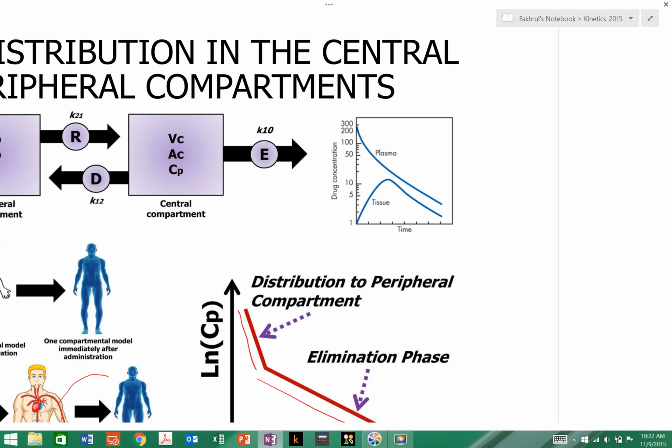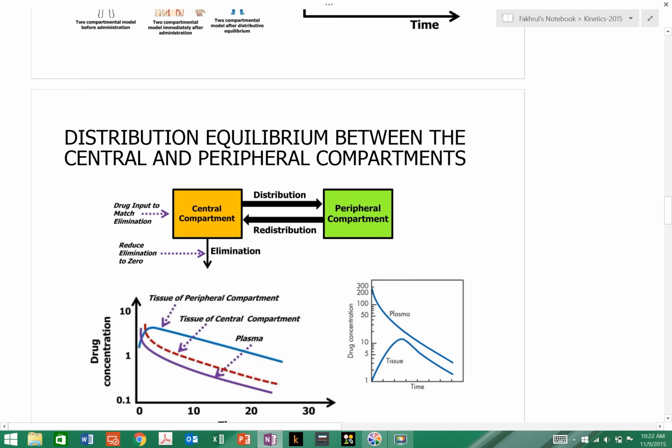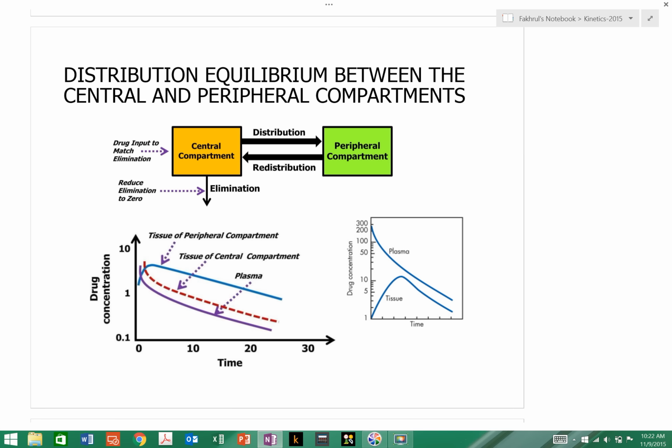As you can see, what is going to be the concentration of the drug? In plasma it is going to continue to fall. In tissue, there will be an increase and then a fall. So after distribution, the concentration in the tissue and central compartment is going to decrease at the same rate, at the same time. So this is again the same thing. Here, central compartment, peripheral compartment.